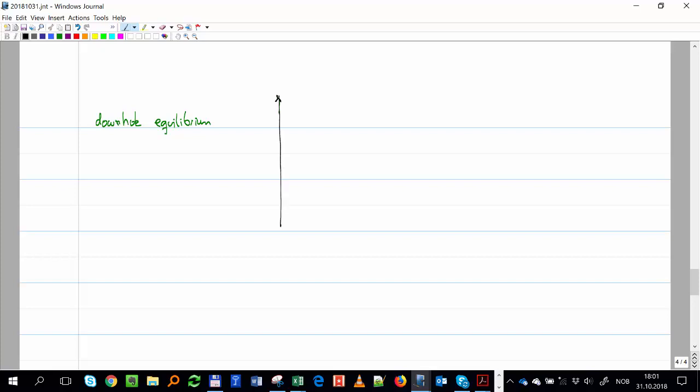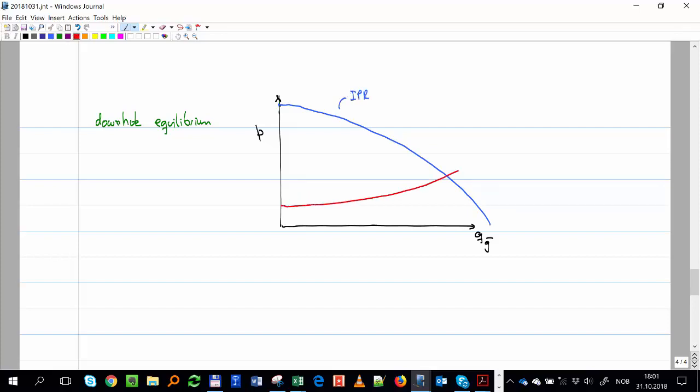In that case we plot Q of the gas against pressure, and we intersect one curve called IPR and another curve called TPR.